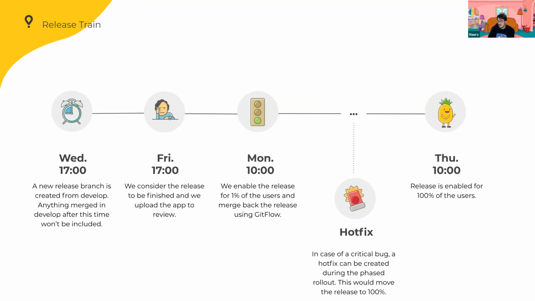We send a hotfix, but this hotfix is also going to enable this release to 100% of our users, because we believe that hotfixes are critical. If this is a small bug, maybe a small UI glitch in a certain part that we can even feature toggle off, that's something we wouldn't send a hotfix for.